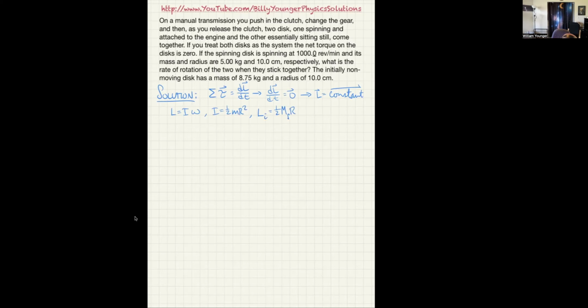These two radii are actually the same, so I'm not going to subscript that at all. And then omega 1, where omega 1 is equal to 1,000 revolutions per minute, is the initial angular velocity.